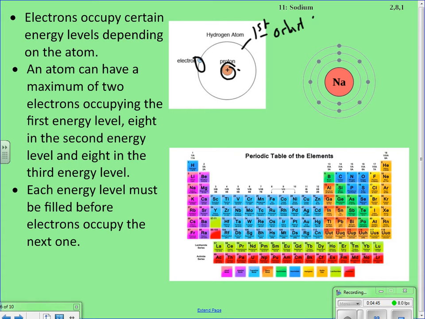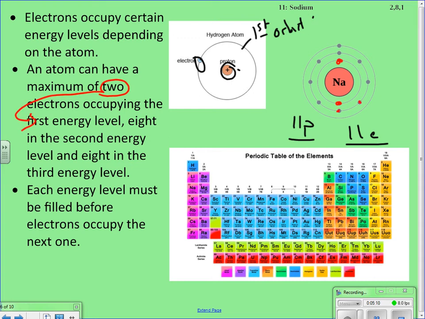So if I look at a sodium atom, for example, a sodium atom has 11 protons, so it's also got to have 11 electrons. And the way that we go about filling these electrons is we find 2 of those electrons in the first orbit. Remember, the first energy level has a maximum of 2. Now we need 8 in the next energy level.